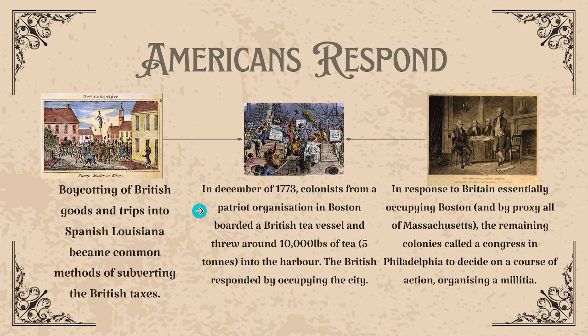The British responded to this by occupying the city. Notably, it was during this occupation that the Boston Massacre takes place. Essentially, as British troops begin to land in greater number in Boston, the locals begin to dissent, they begin to protest, and they begin to harass the British guards who are landing.